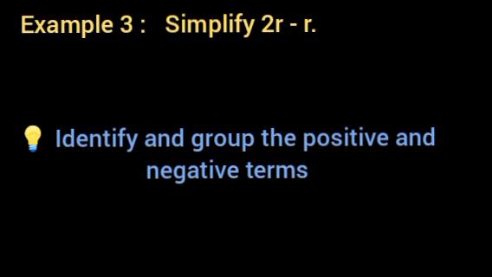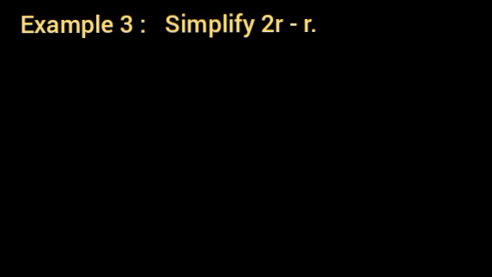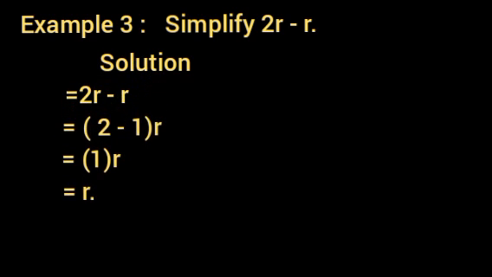Now what do we do? The coefficient of the r in 2r is 2. So you say open bracket 2 minus, now the coefficient of this r here is 1. So 1, then close bracket r. Remember, r is a term here, used to represent an unknown number, which even I myself don't really know.